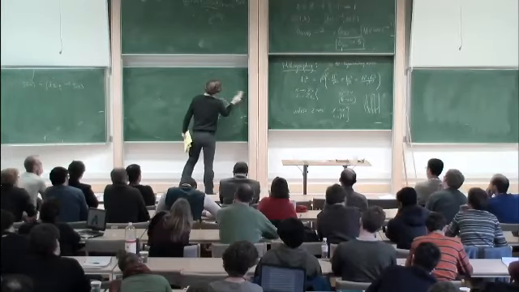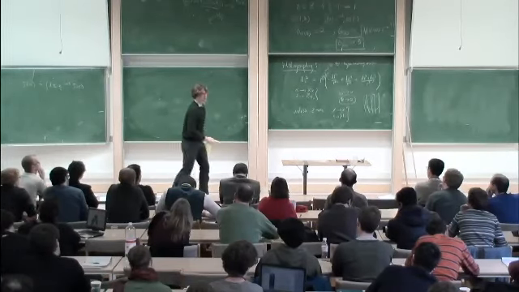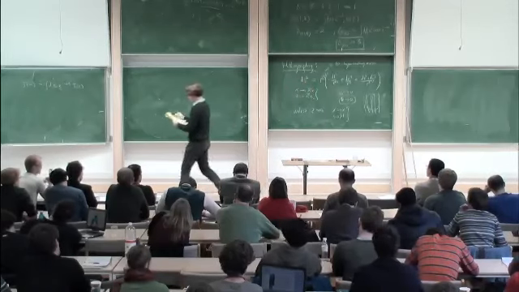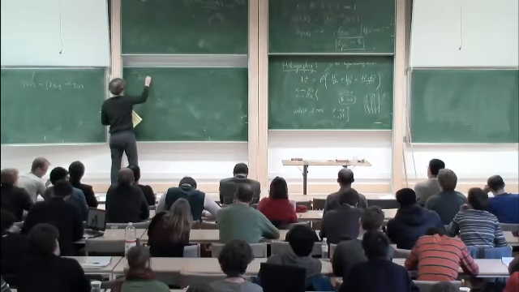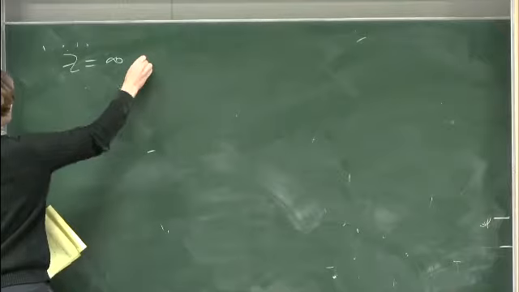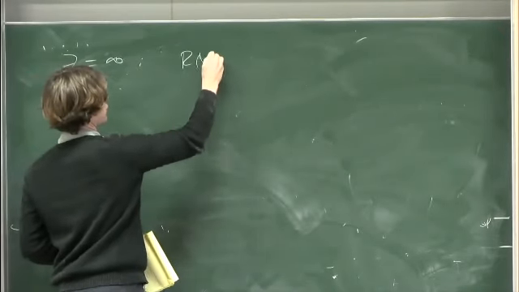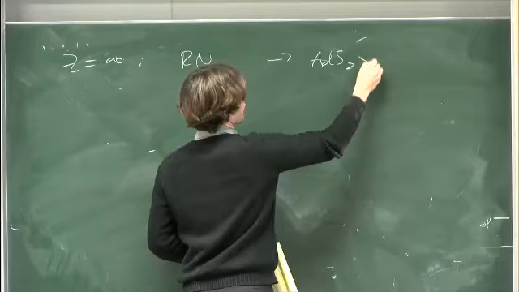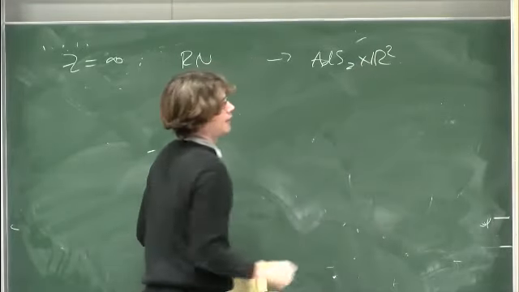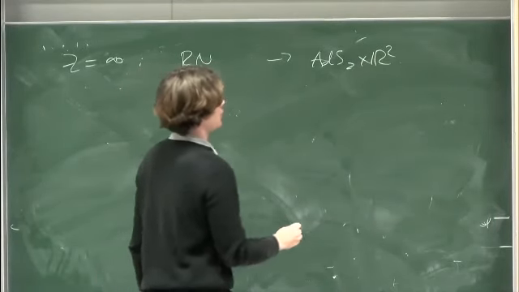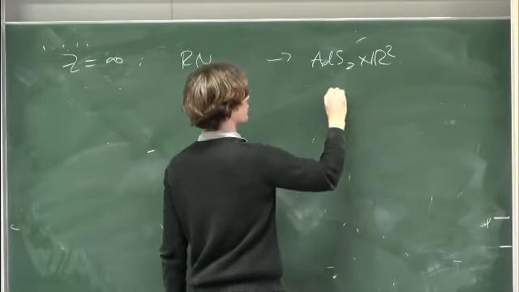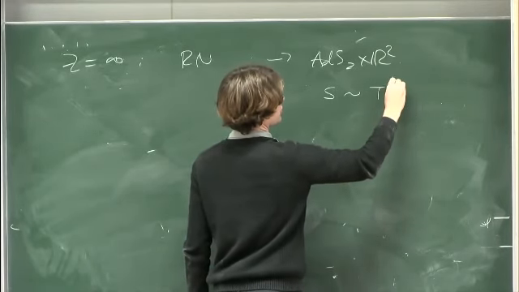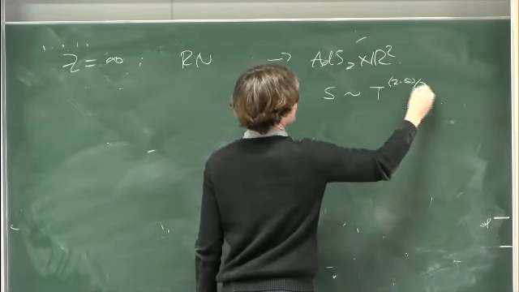I'm going to come back to the general case in a second. So in particular, z equals infinity includes Reissner-Nordström, which has this AdS2 cross R2 near horizon geometry, which has, infamously, the entropy density going like T to the, in 2 dimensions, 2 minus theta over z.